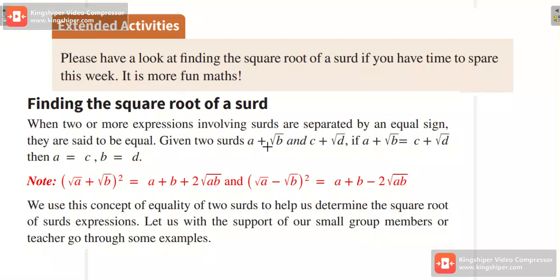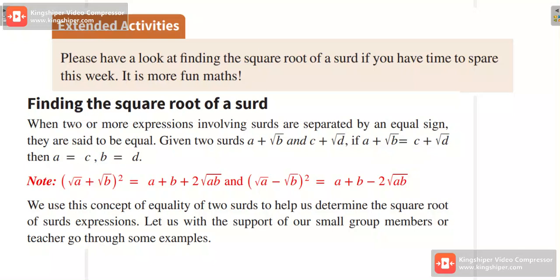Given two sets, a plus root of b and c plus root of d, if a plus root of b is equal to c plus root of d, then it follows that a must be equal to c and b must be equal to d.